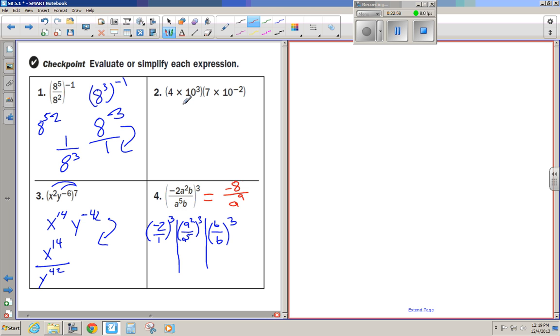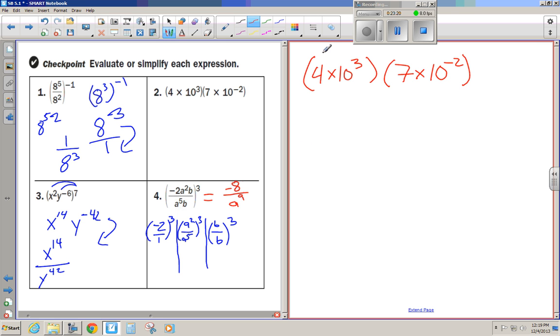All right, let's do this scientific notation. 4 times 10 cubed times 7 times 10 to the negative 2. All right, well, you could try to multiply this all out and then convert it back, but it's a pain.